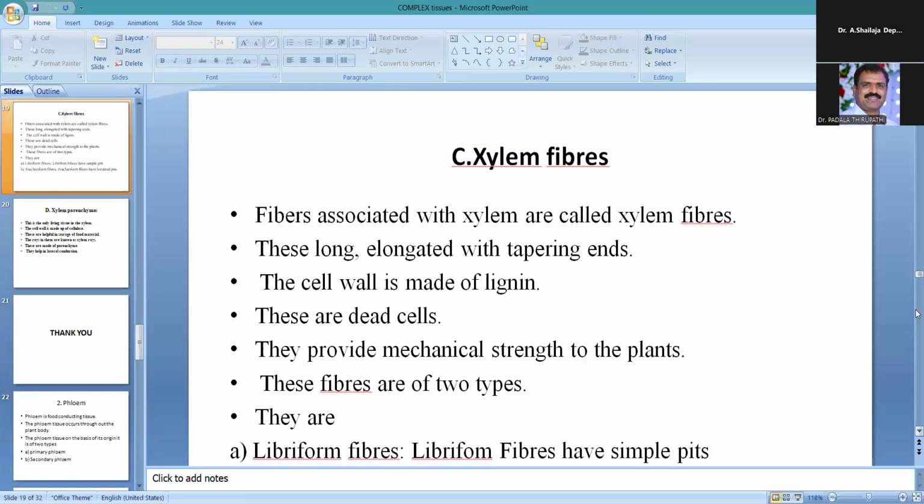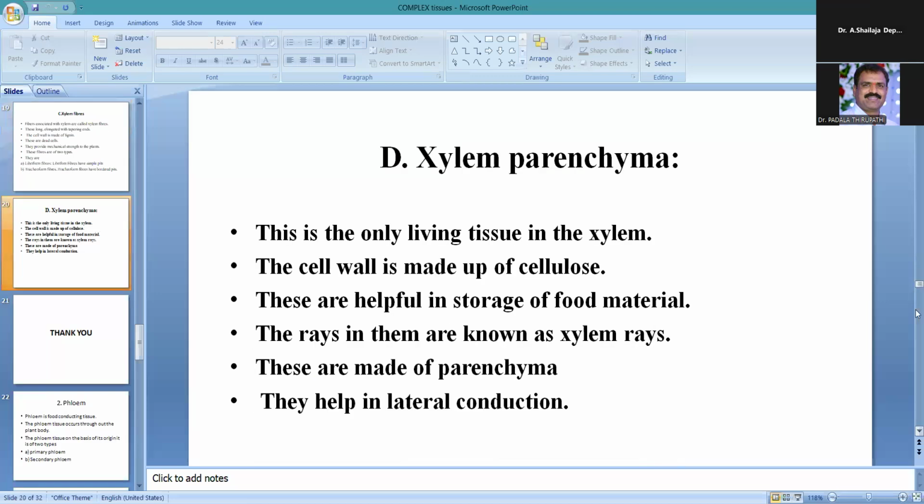And next, come to the last one, xylem parenchyma. This is the only living tissue in the xylem. All the others are dead cells: the tracheids are dead, the vessels are dead at maturity, and the xylem fibers are also dead.